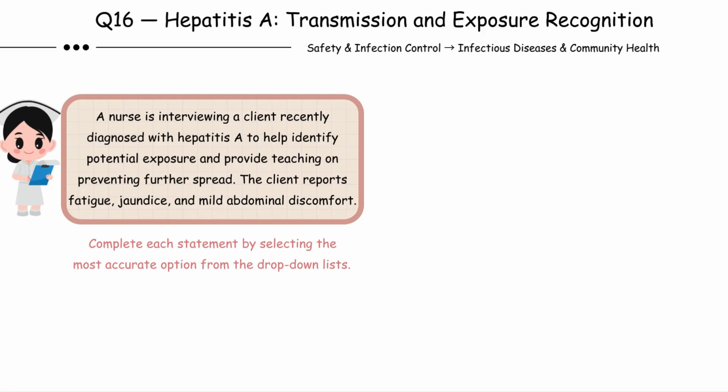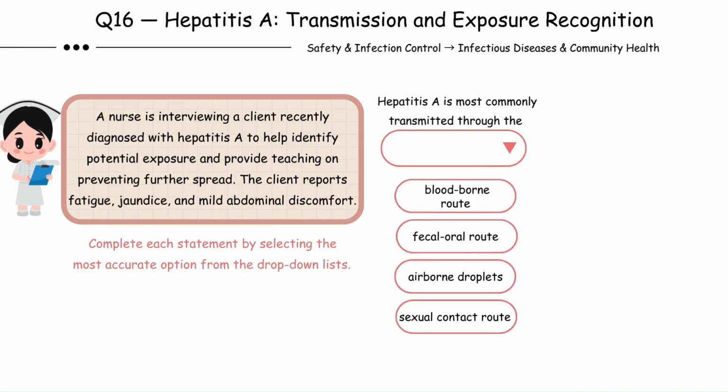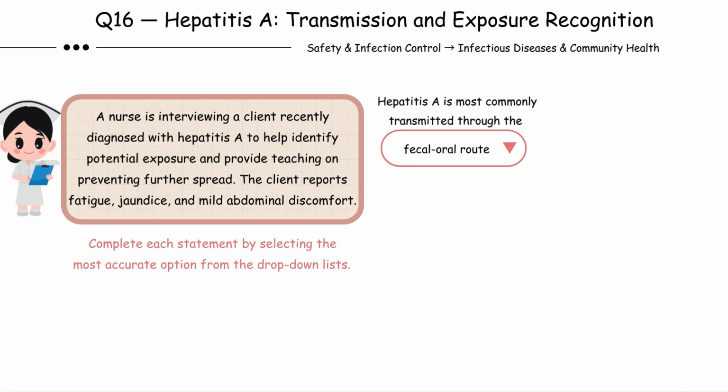You will complete 2 statements by choosing the best option for each blank. First statement. Hepatitis A is most commonly transmitted through the drop-down choices are blood-borne route, fecal-oral route, airborne droplets, sexual contact route. The correct choice is fecal-oral route.